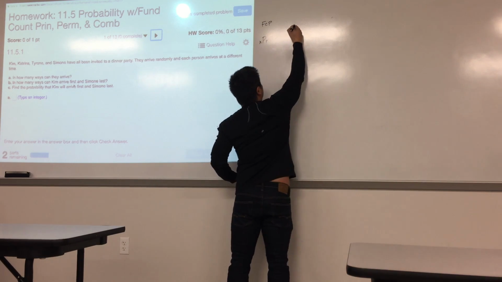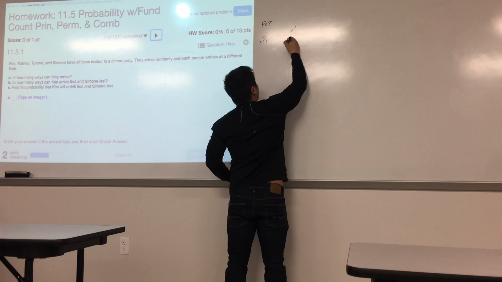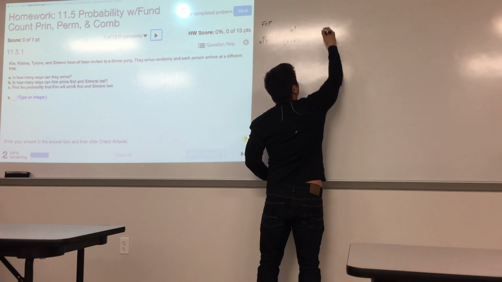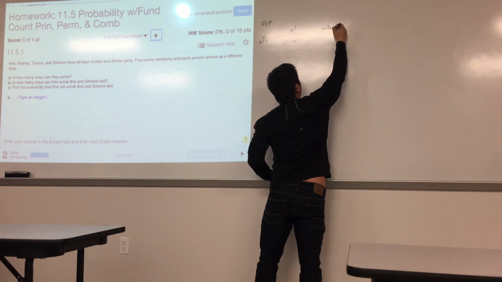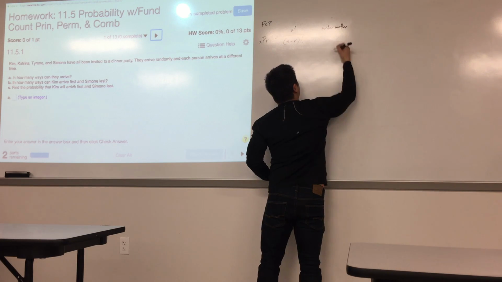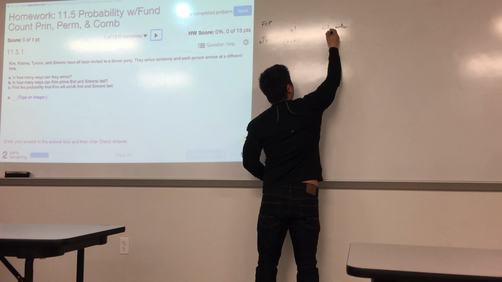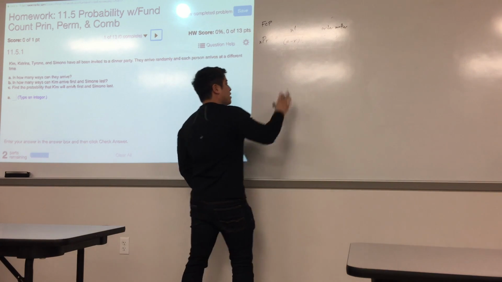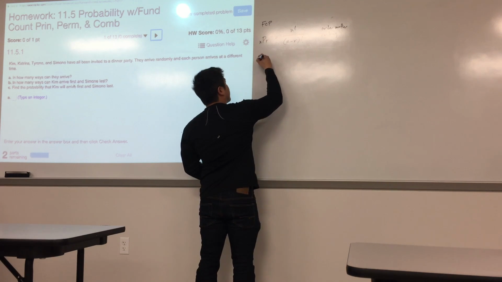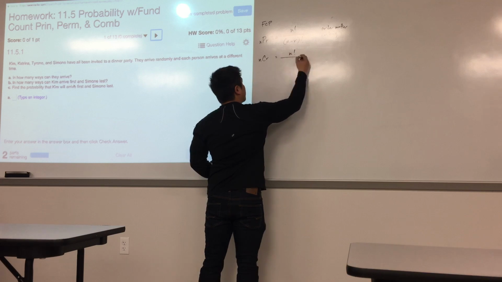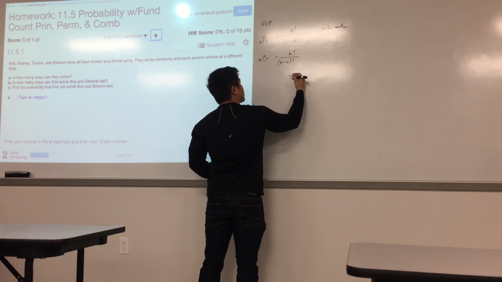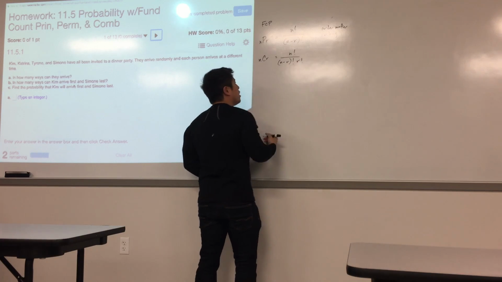Recall that permutations are n factorial over n minus r factorial, nPr, and order mattered, right? In permutations, there was some kind of ranking, and so that was really important to take into account. And then finally, we're going to also see combinations, nCr, n factorial over r factorial times n minus r factorial.